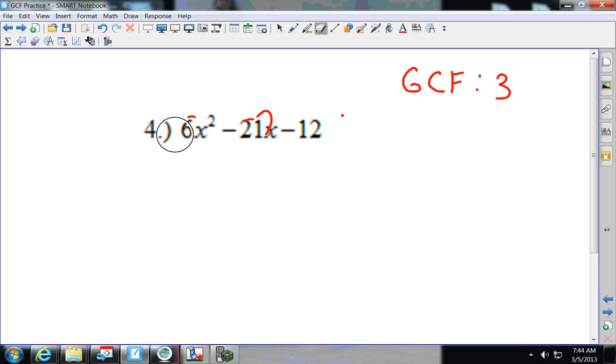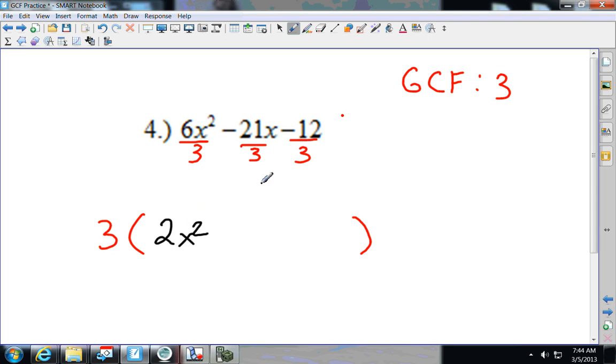So now factor out that 3, and you're going to divide everything by 3. 6 divided by 3, 2x squared. Negative 21 divided by 3, negative 7x, and then that's negative 4. That's your answer.